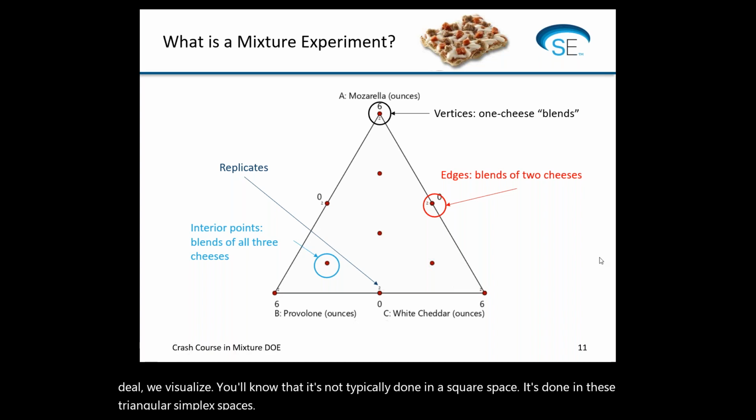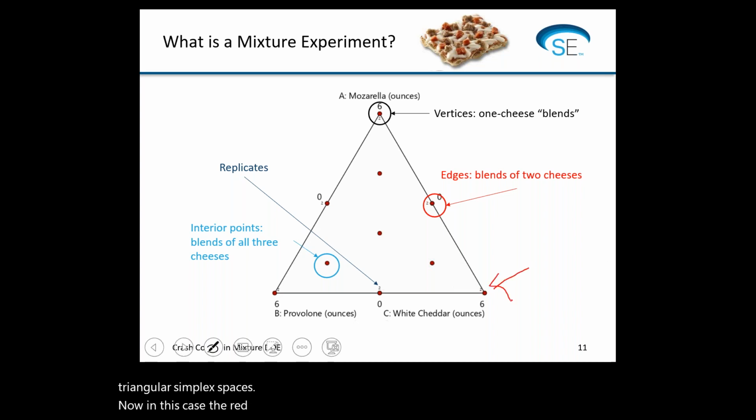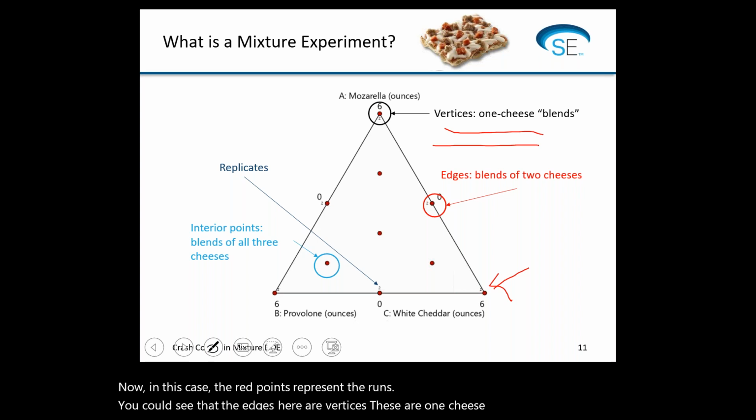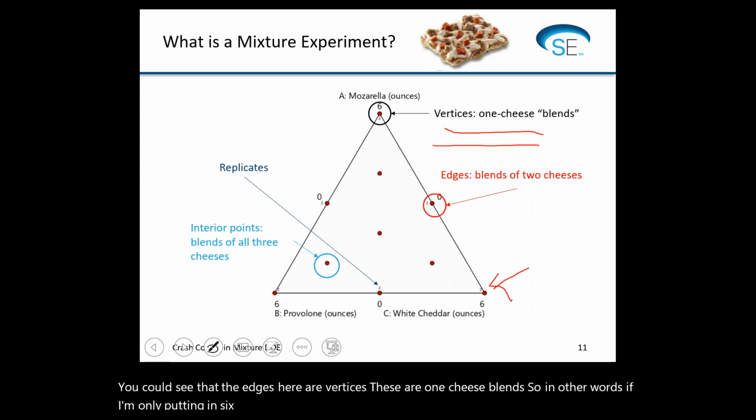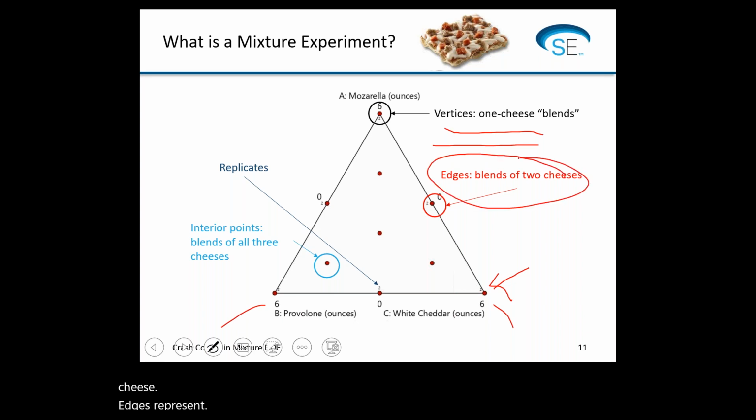Now, in this case, the red points represent the runs. You could see that the corners here are vertices. These are 1 cheese blends. In other words, if I'm only putting in 6 ounces of one of the cheeses, so I have 3 vertices, 1 for each cheese. Edges represent blends of 2 cheeses.